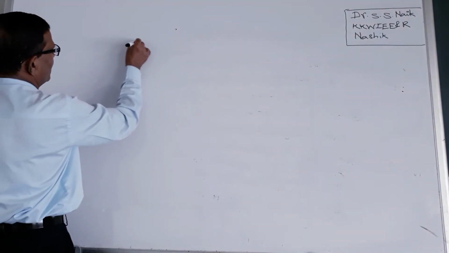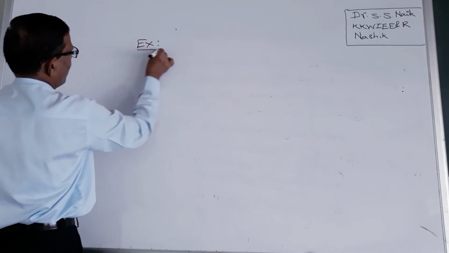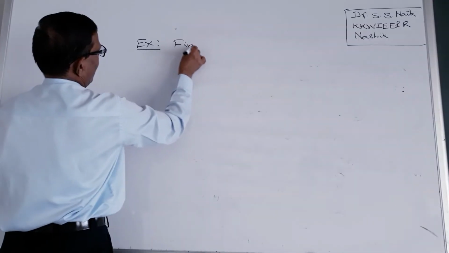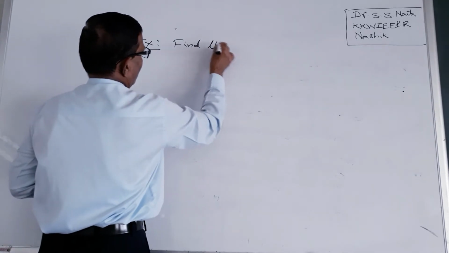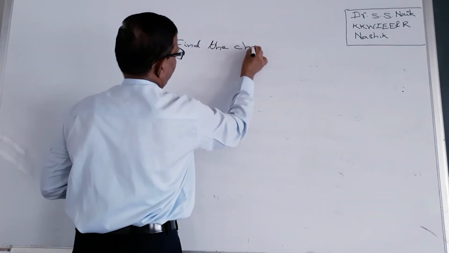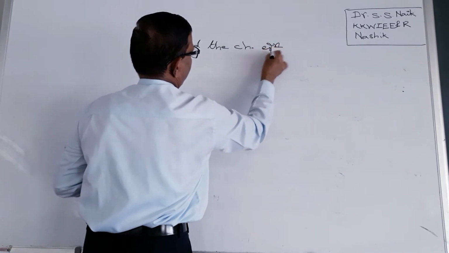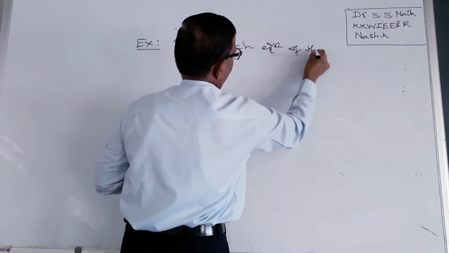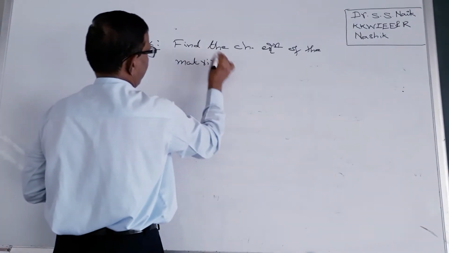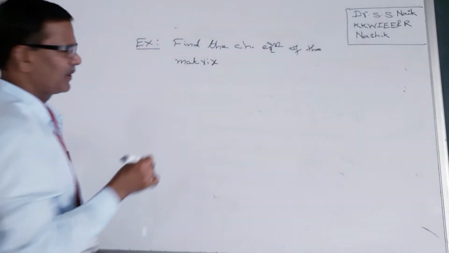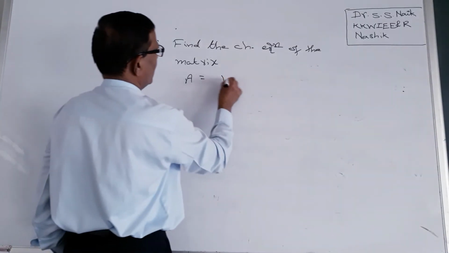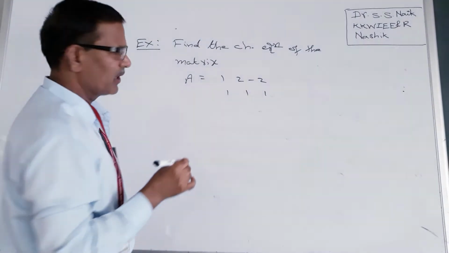The question is: find the characteristic equation of the matrix A is equal to 1, 2, minus 2; 1, 1, 1; 1, 3, minus 1.